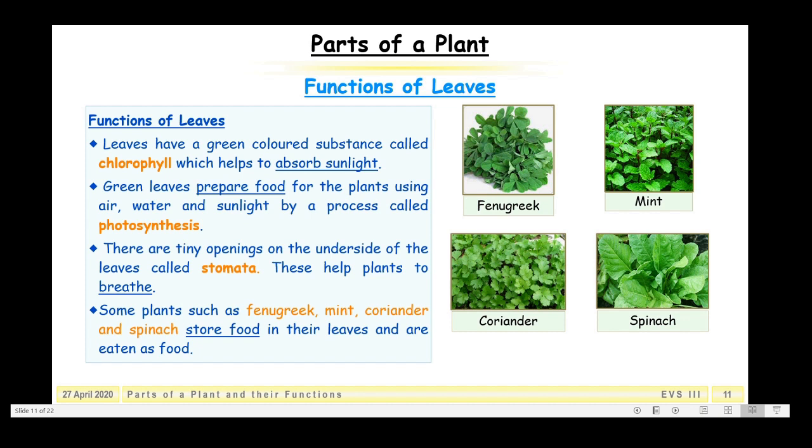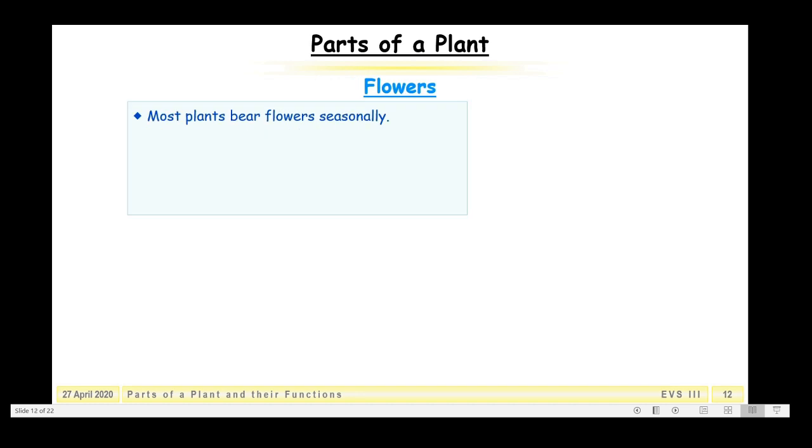So with this we will move on to the flower part of it. Most plants bear flowers seasonally. That means the flowers grow according to their season. So you will find some flowers in the spring season, some flowers you might find in winters, but you will not find those in spring, right?